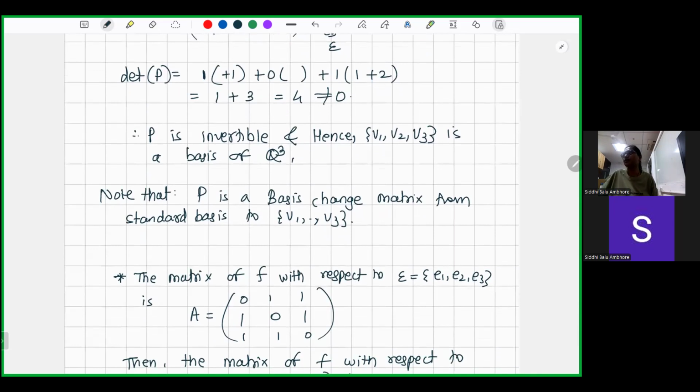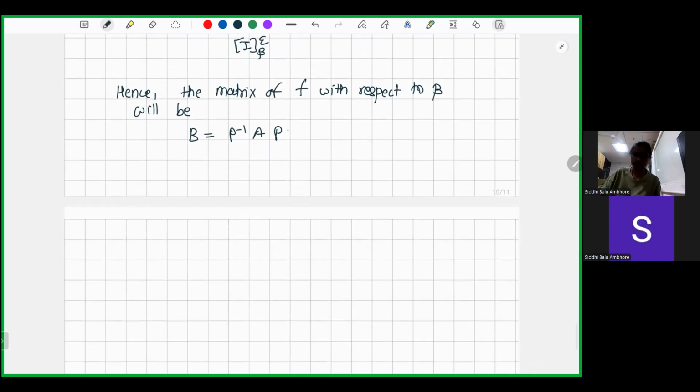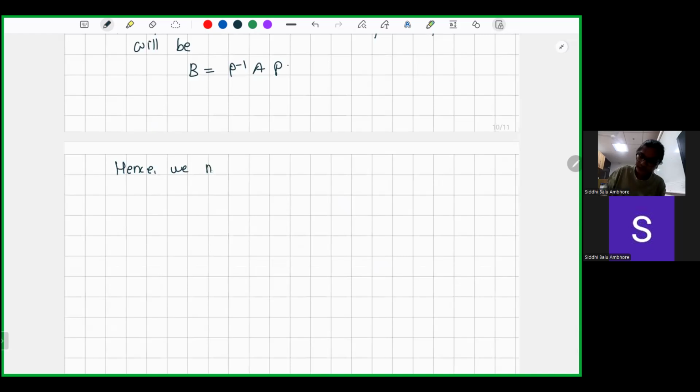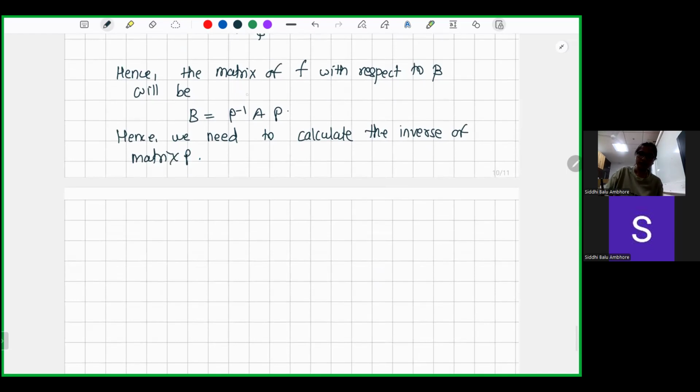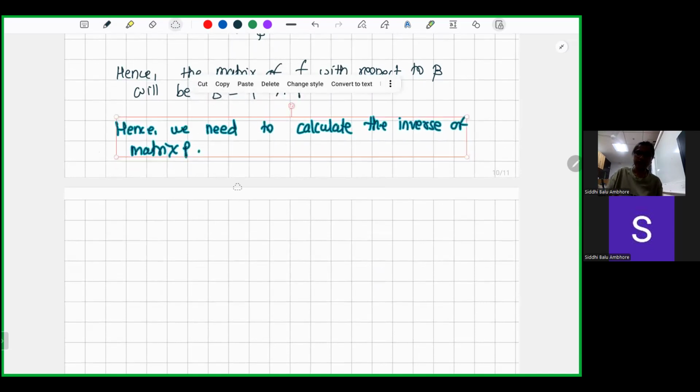So we need to calculate the inverse of matrix P. There are various methods we can use.